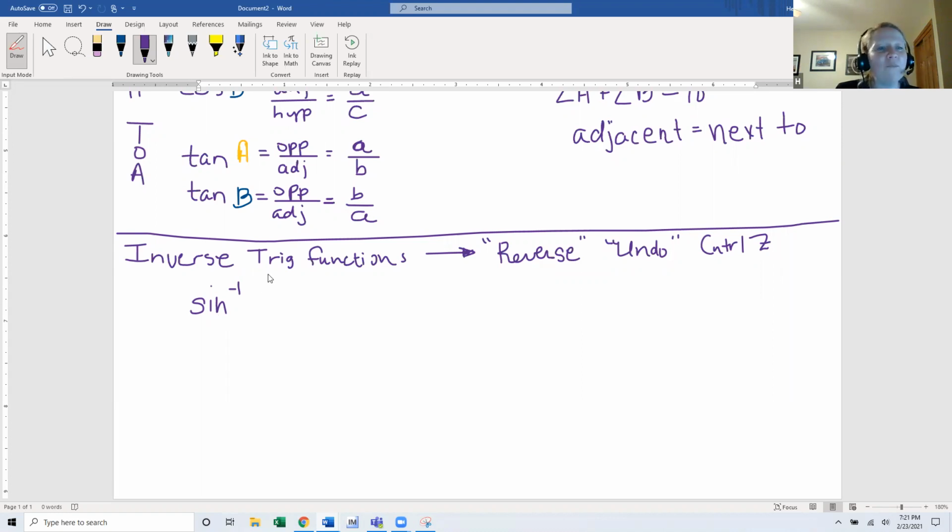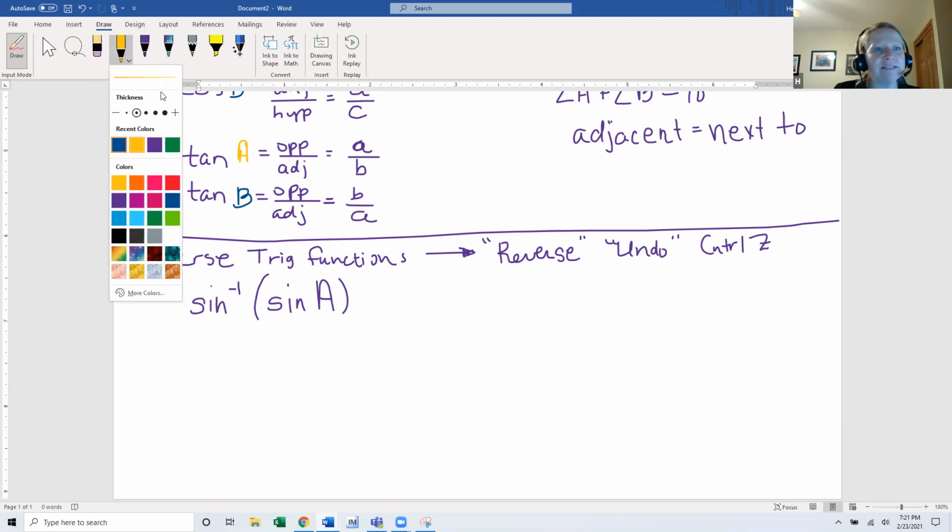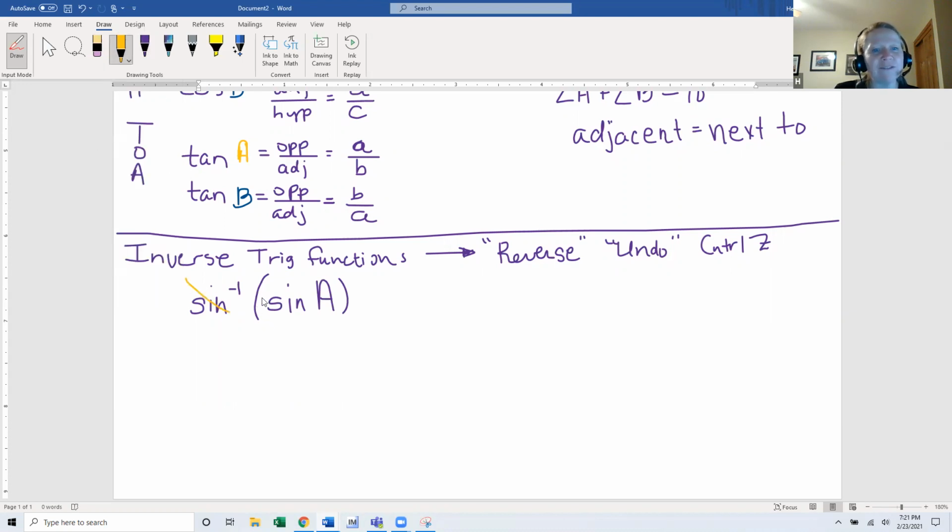All right, how it works is if we take the inverse, or the sine minus 1, if you want to call it that, of sine A, our angle A from above, the sine minus 1 cancels out the sine. And what we're left with is just angle A. So this is the undo button.